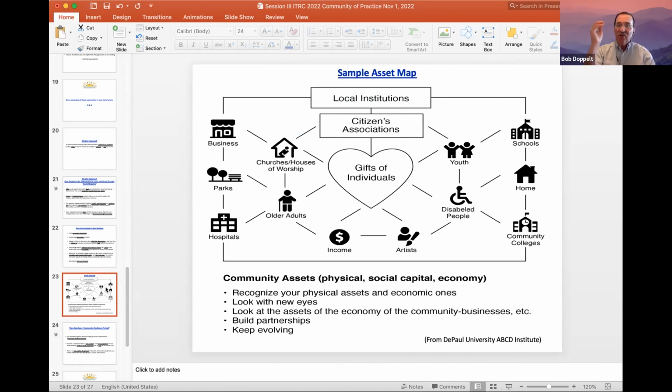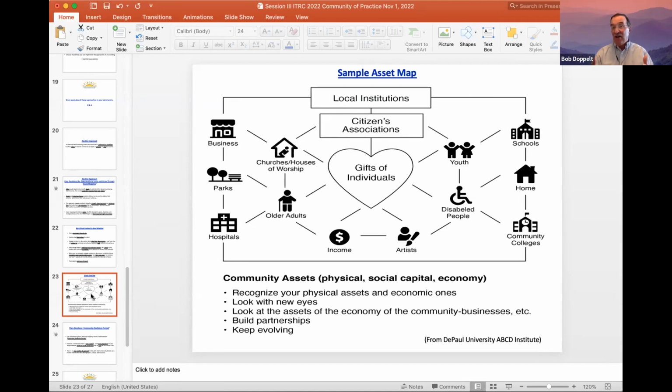And then people say, oh no, but this church is real helpful. They're not on there yet. Or this organization, or this little homeowners association is important. And you just start to engage people in mapping the assets, the protective factors that exist in their community.